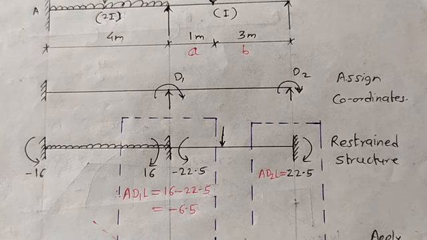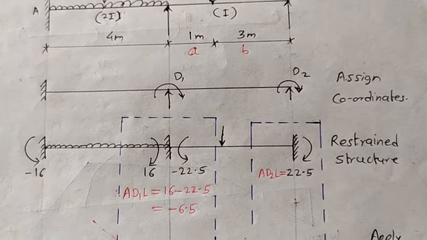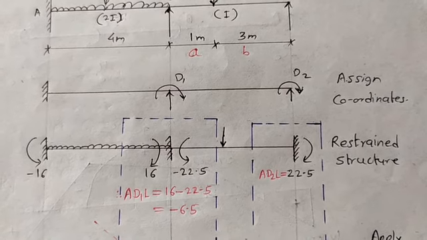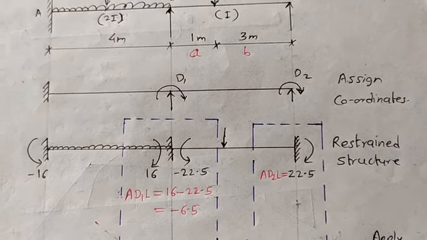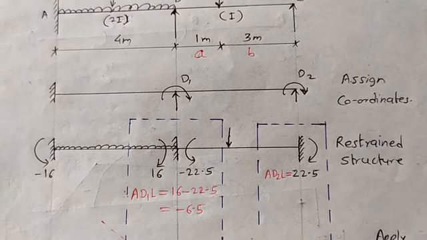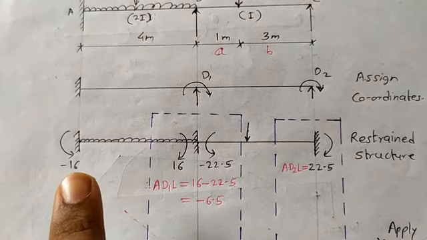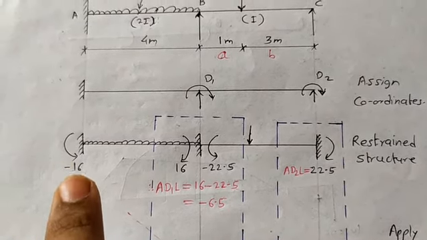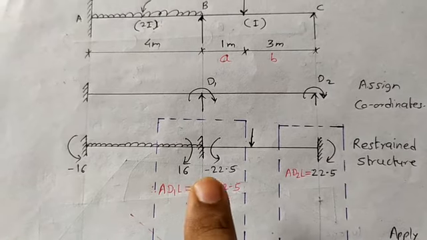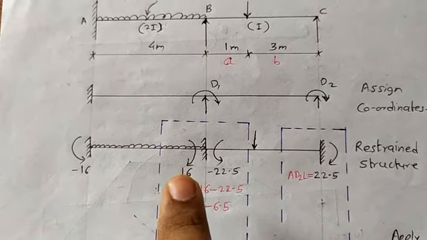Now the 2 diagrams are over, that is first assigning coordinates and second drawing a restrained structure. We have to show the moments along with their direction. First of all I have written minus 16, because here the moment is going anti-clockwise. Here the moment is going clockwise, that's why I wrote plus 16.